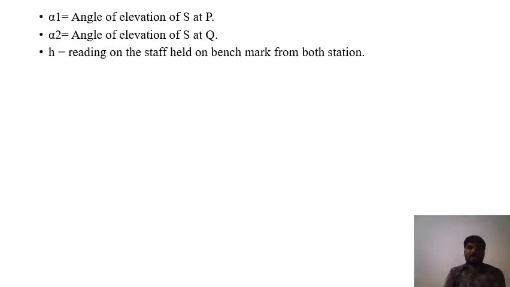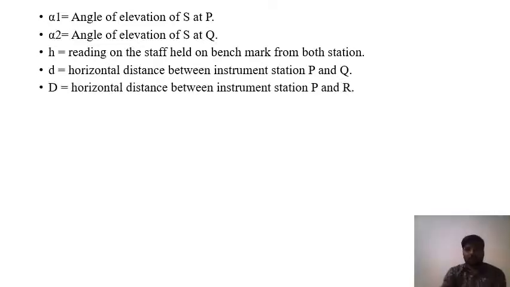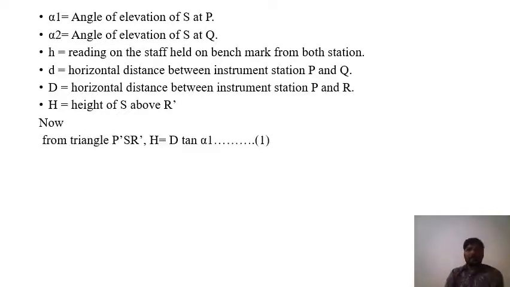H is the staff reading held on the benchmark at both stations. d is the horizontal distance between instrument stations P and Q. D is the horizontal distance between instrument station P and R. H is the height of S above R dash. Now, from triangle PSR, as we have seen before, H equals D tan theta 1.